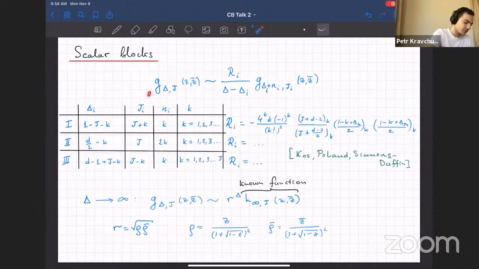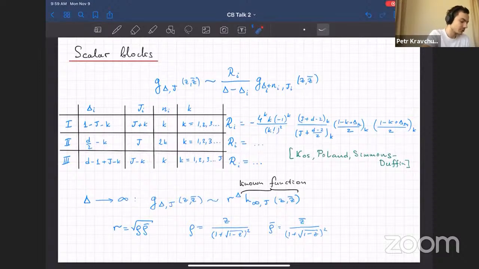So we have this statement that the conformal blocks have poles at some locations delta i. The residues are again conformal blocks at delta i plus n i, some new spins j i, and there are some residue coefficients r i that need to be determined. And it turns out that there are three families of poles.